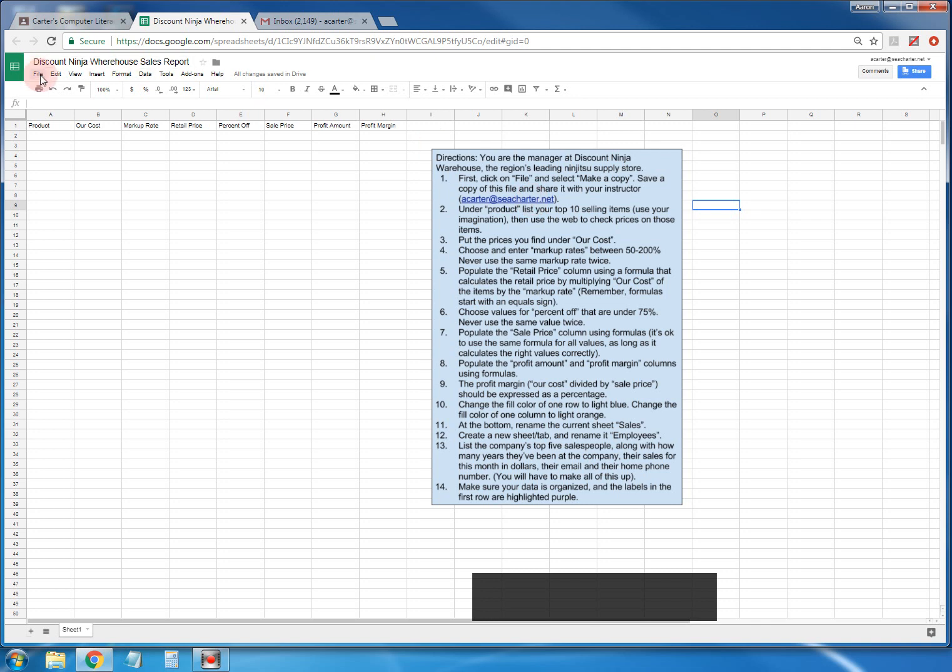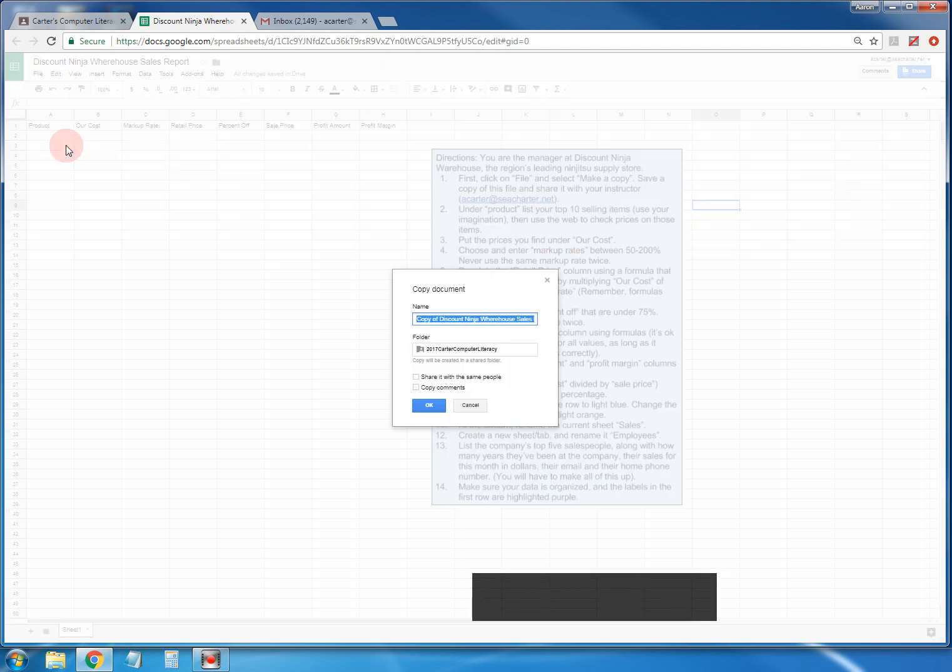Go up to File, left click, go down to Make a Copy. And it's very important that you're signed in, by the way, with your email account.